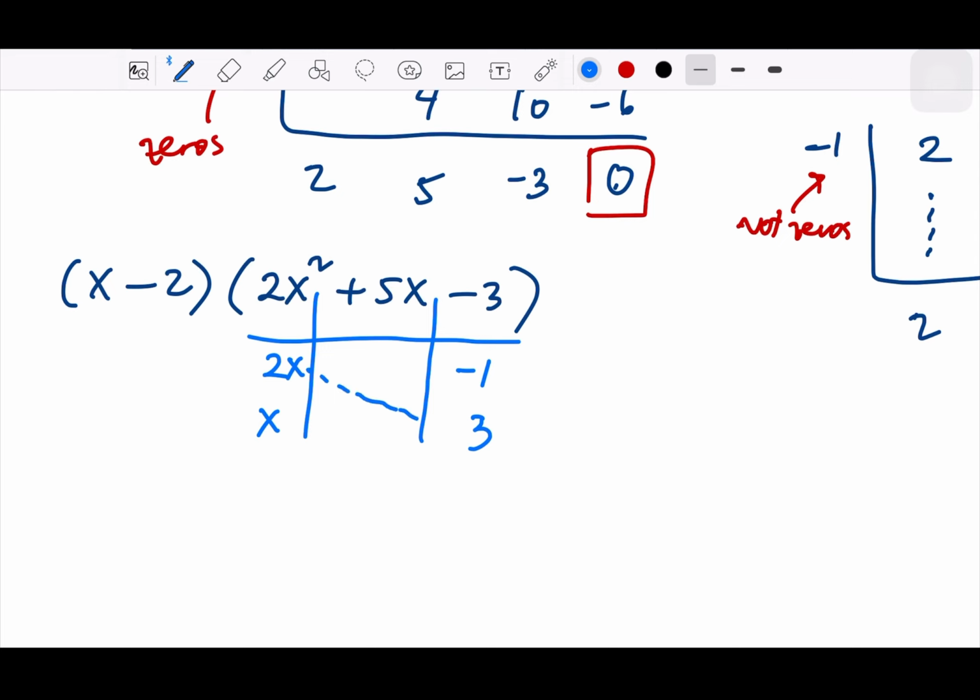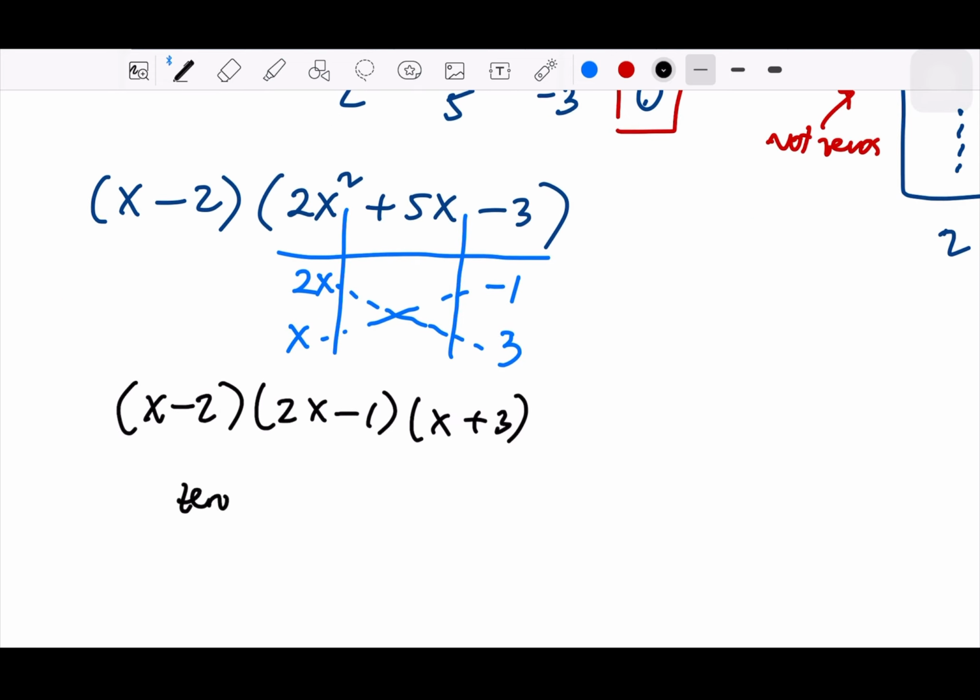So this will be negative 6x minus 1, it's plus 5. So I think this is okay. So we have x minus 2, 2x minus 1, and x plus 3. So our zeros: x equal 2, x equal half, and x equal negative 3.